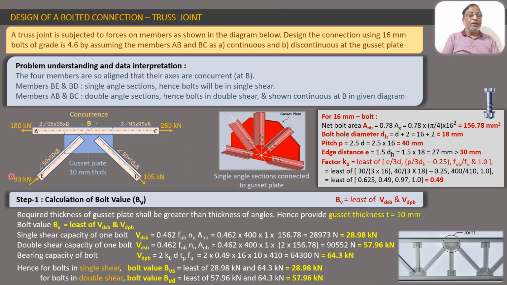So actually this problem of four members connected to a single gusset plate is a problem of four separate connections with the gusset plate. So it is like four small problems. In the two problems with single angle section, we will get single shear, and in the other case, AB and BC double angle sections, we will get double shear.